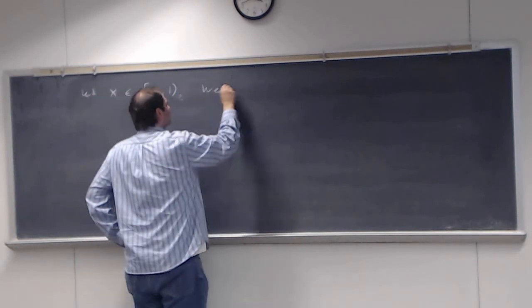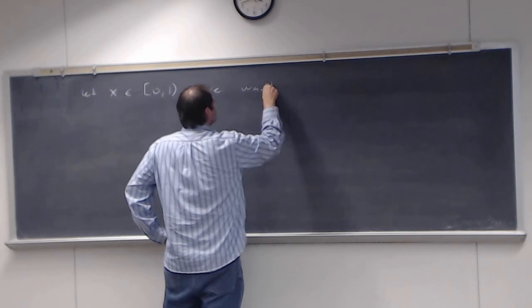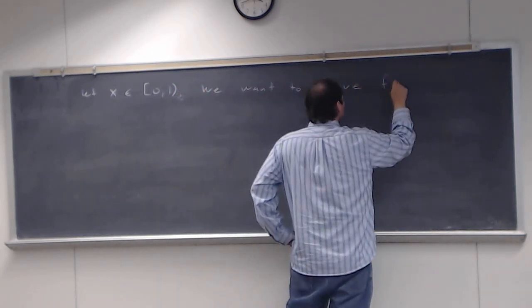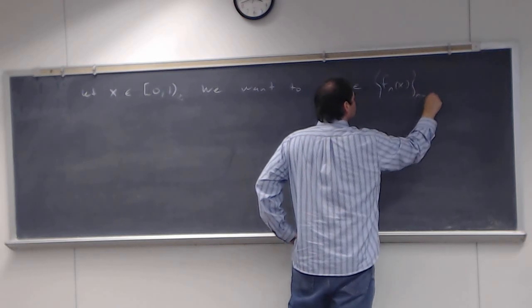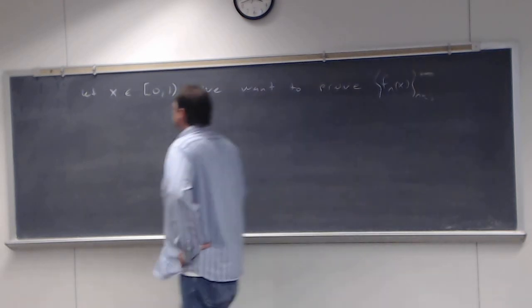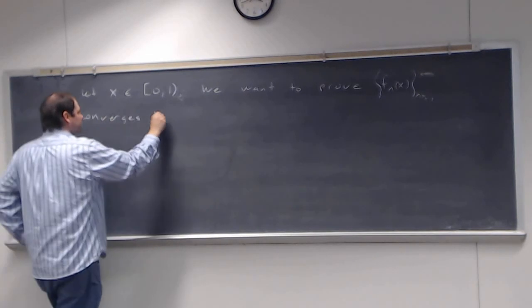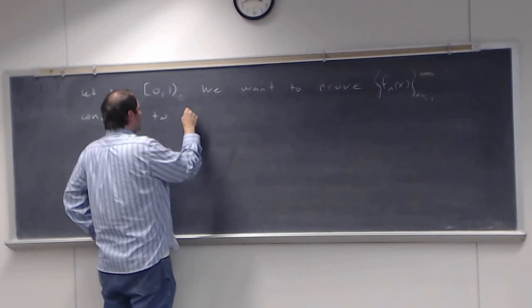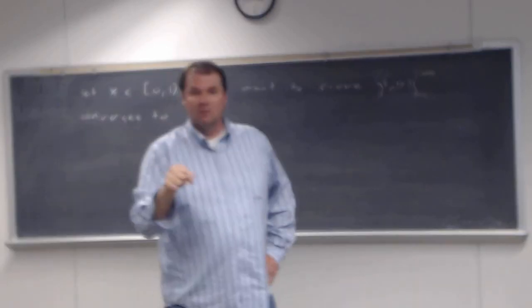We want to prove, for this fixed x, that f sub n of x, a sequence of numbers, converges to 0 in this case.